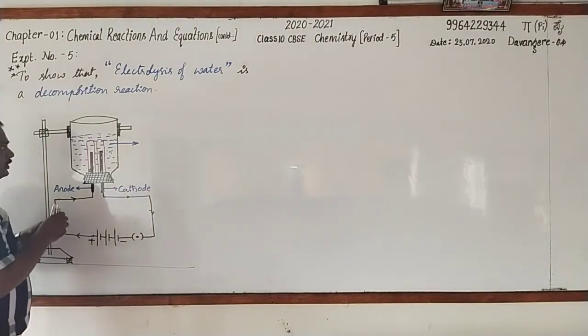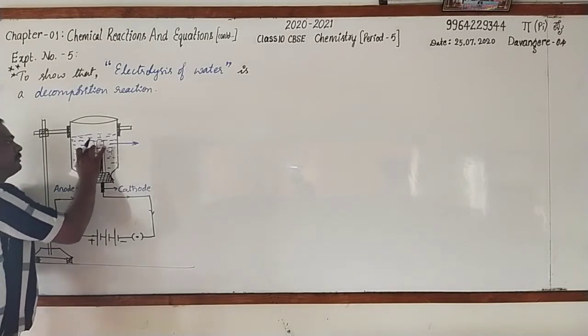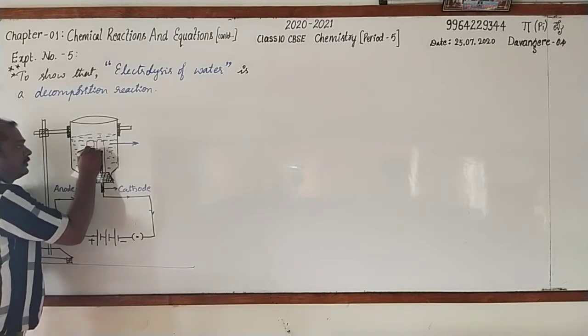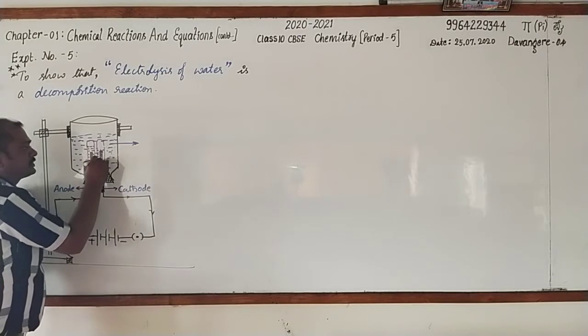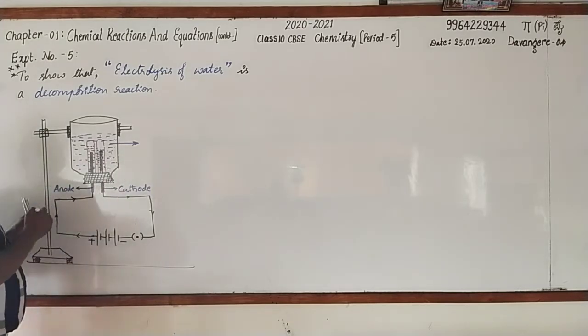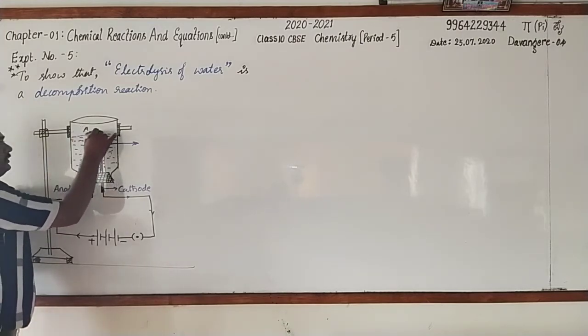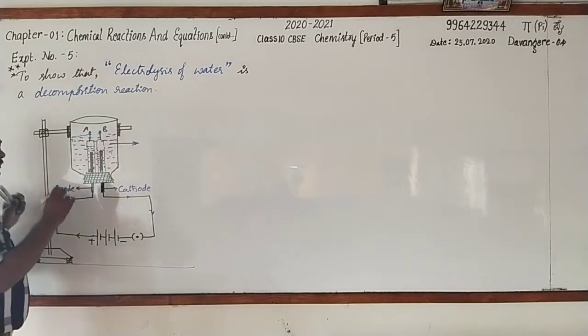And you can also notice that these bubbles will start filling the test tubes. And observe. You can notice the volume of the gas collected in both the test tubes. Call this A and this B, right?